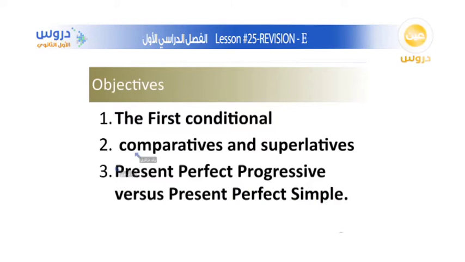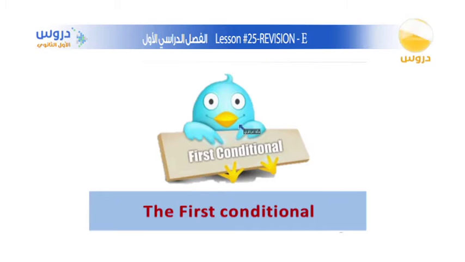And for the third objective, we've got the present perfect progressive versus present perfect simple. We're going to start with the first conditional.